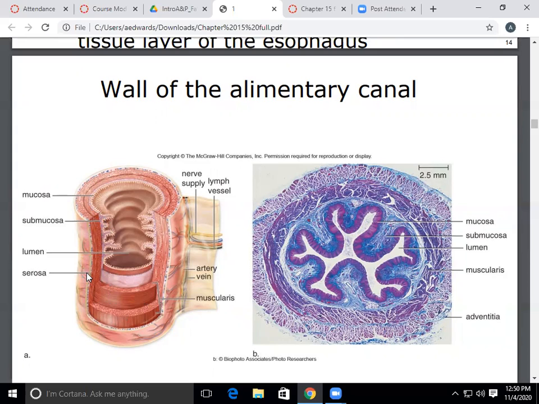All right, so this is more of a cross section. Again, you've got your mucosa in purple, submucosa in blue, muscularis purple. It's the circular layer and the longitudinal layer. Then we've got the adventitia because this is the esophagus. That's what we call the serosa.